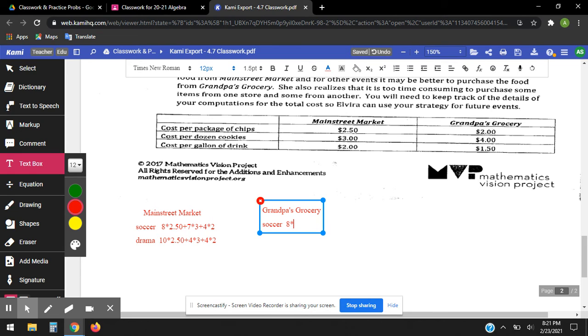So that's $2 each times 8, plus 7 dozen cookies, which is $4 this time, plus 4 gallons of drinks, which is $1.50 per gallon. Drama had 10 times $2, plus this time 4 times $4, and then plus 4 gallons times 1.50.